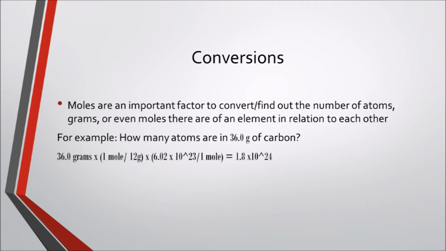After that, you would multiply that by 6.02 times 10 to the 23rd over 1 mole. The reason that it is set up this way is so that the grams can cancel out and the moles can cancel out, so that all you're left with is the number of atoms. And if we were to figure out this equation, the number of atoms would be 1.8 times 10 to the 24th.